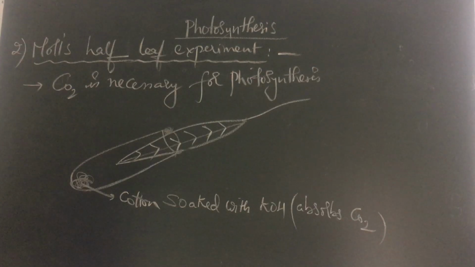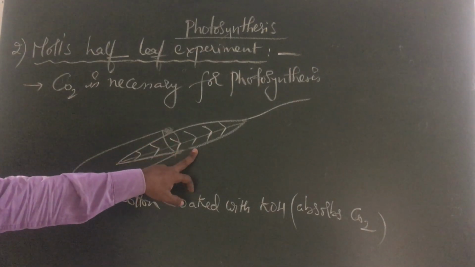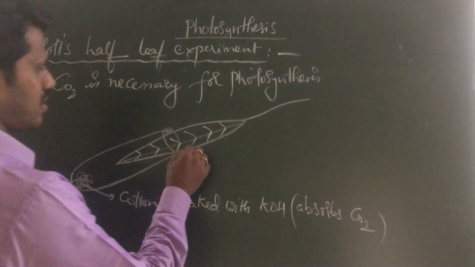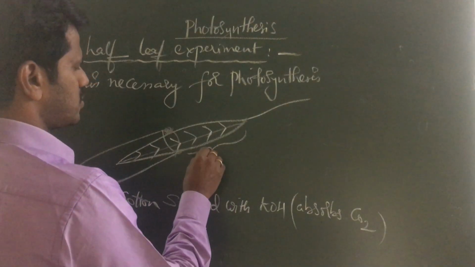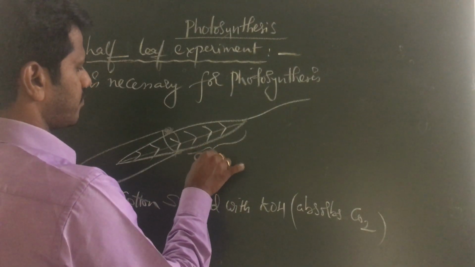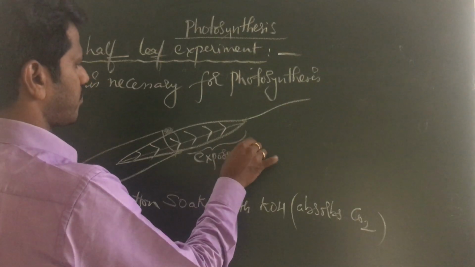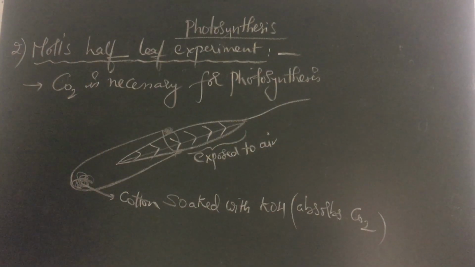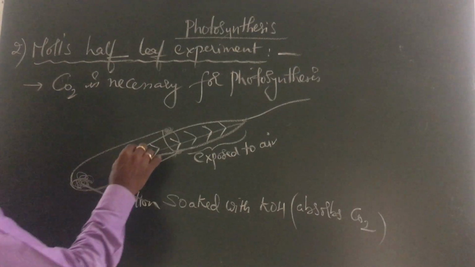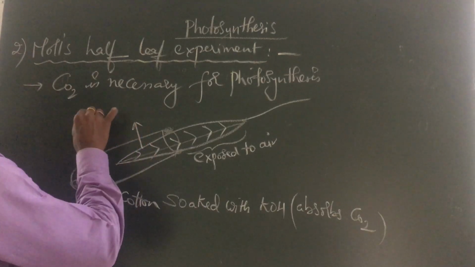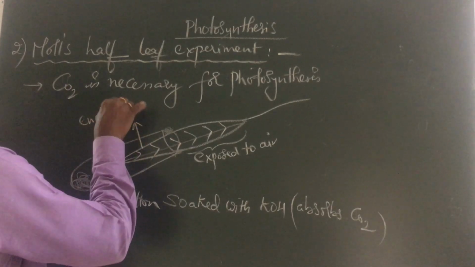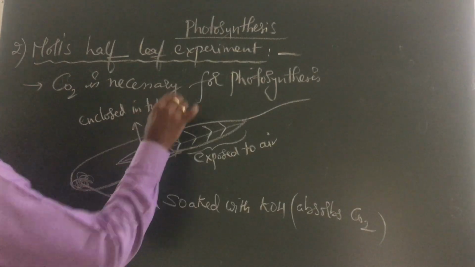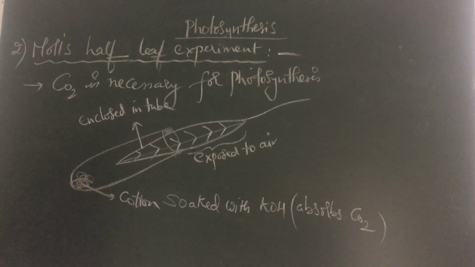So then this part of the leaf is exposed to air. The part of the leaf which is exposed to air, and the remaining part of the leaf is enclosed in the test tube.